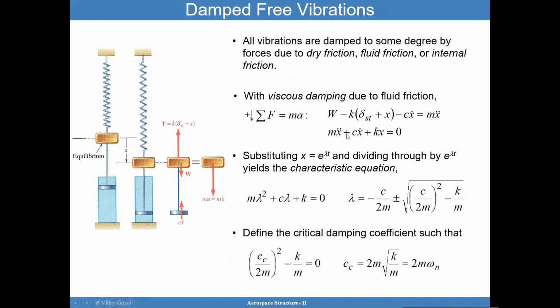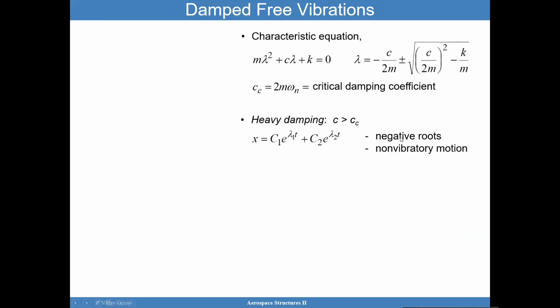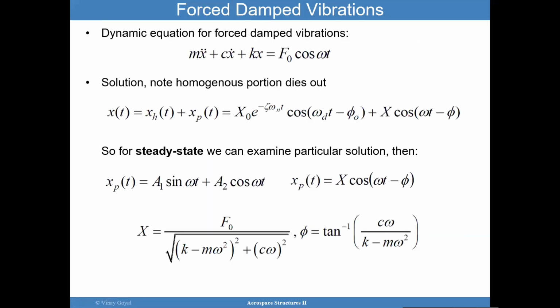So these equations. But if I add an external force now that is of a harmonic nature, we could consider that as F naught cosine omega t. F naught is the amplitude of the forcing function I'm applying. Omega is the frequency of the forcing function I'm applying.